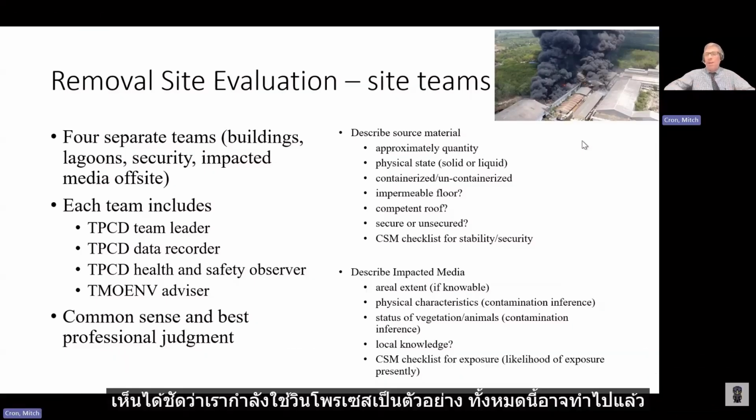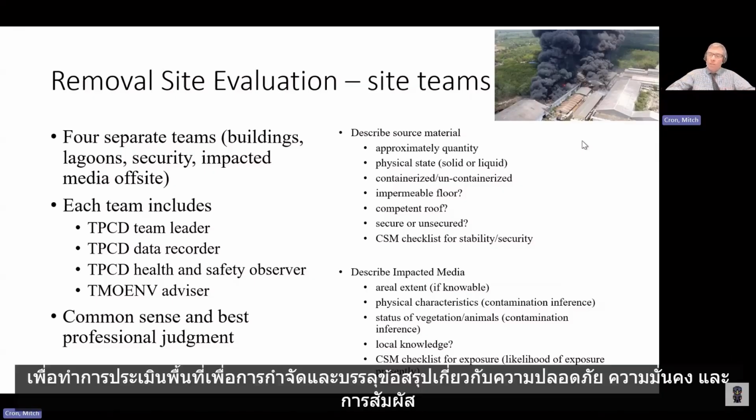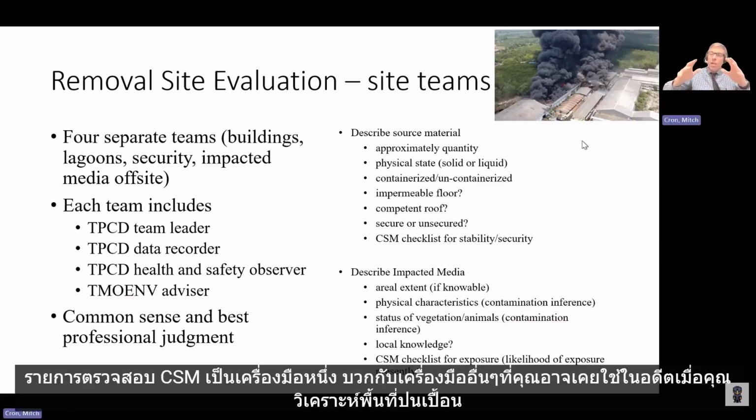All this may have already been done, but what we're trying to do here is practice a process to perform removal site evaluation and to reach conclusions on security, stability, and exposure. And finally, for folks analyzing impacted media, I also wanted them to use the CSM checklist as one tool, plus other tools that you may have used in the past when you're analyzing contaminated sites.